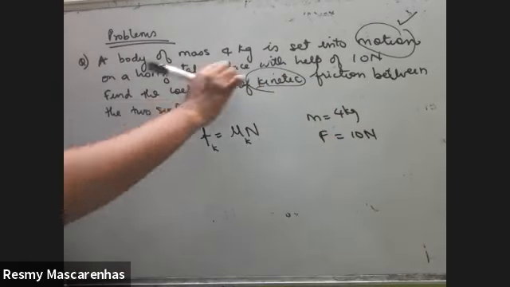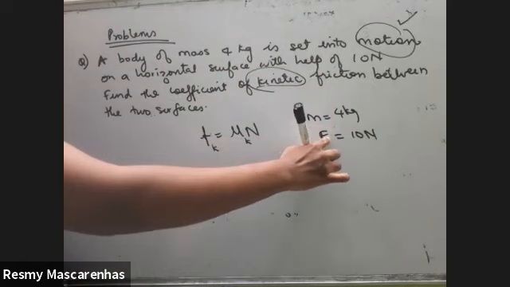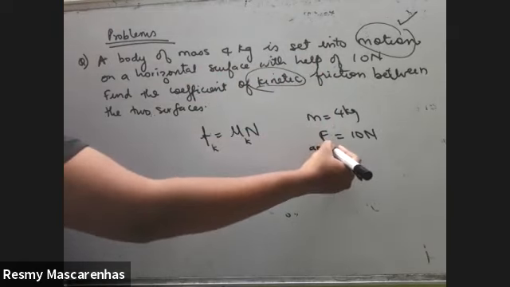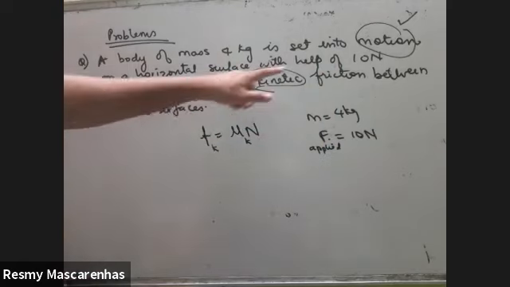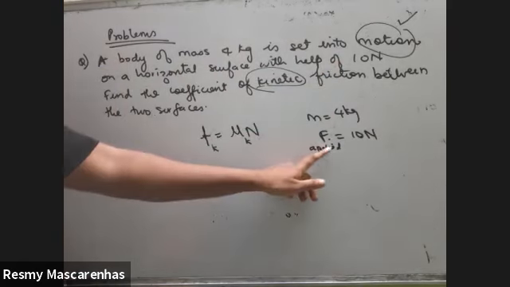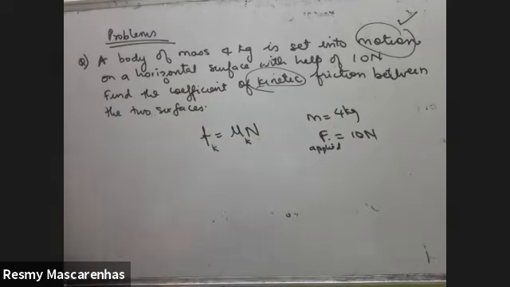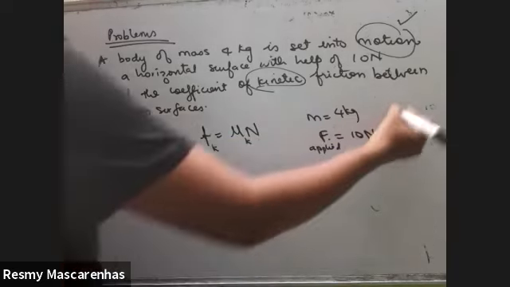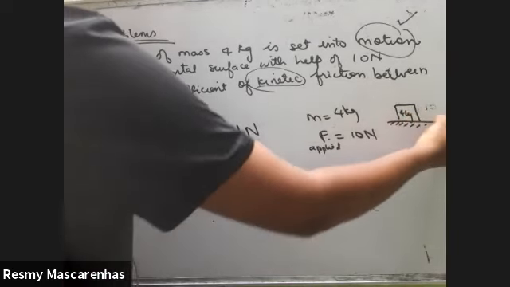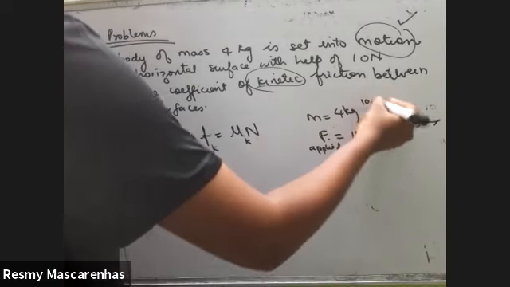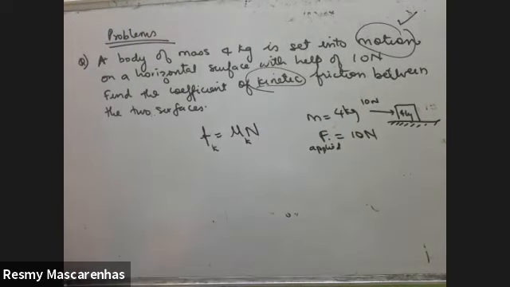Whatever force you are applying is capital F. So the force applied is 10 Newton, because with the help of 10 Newton we are trying to move. That is the force applied on the body. Basically there is a body of 4 kg and you are applying 10 Newton on it. This is the only data given.